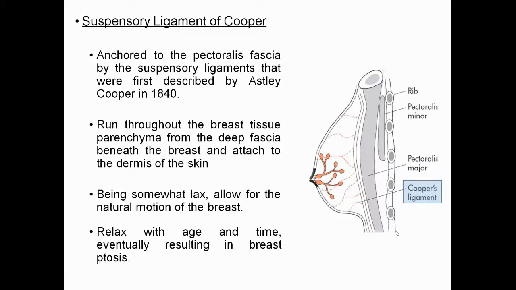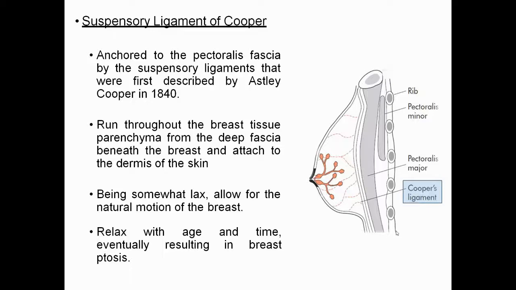Suspensory ligament of Cooper. The breast is anchored to the pectoralis fascia by the suspensory ligament of Cooper, which was first described by Astley Cooper in 1840, and it is named after him.